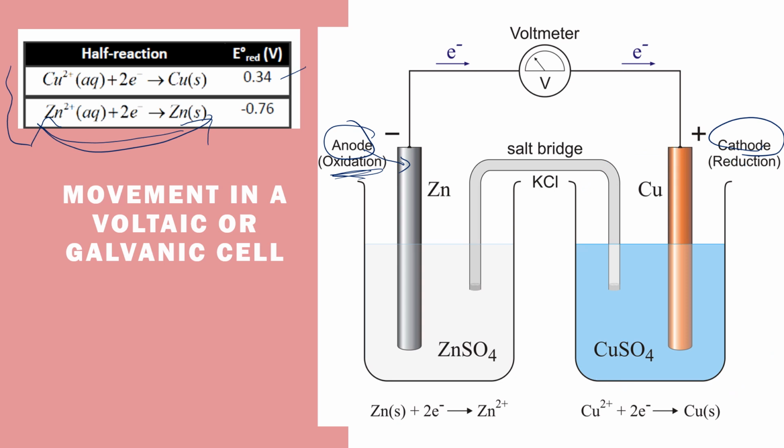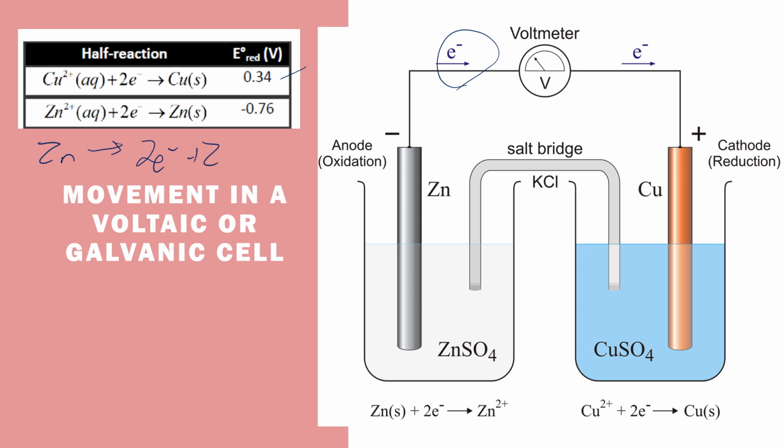All right. Now let's talk about what is moving around in this cell when it's reacting. So the electrons are going to travel from the anode to the cathode. If we think about it, let me rewrite this zinc reaction so it looks like oxidation. Zinc goes to 2 electrons plus the zinc 2 plus ions.